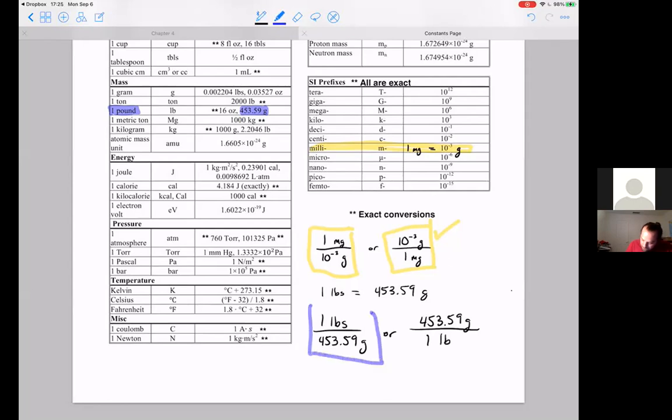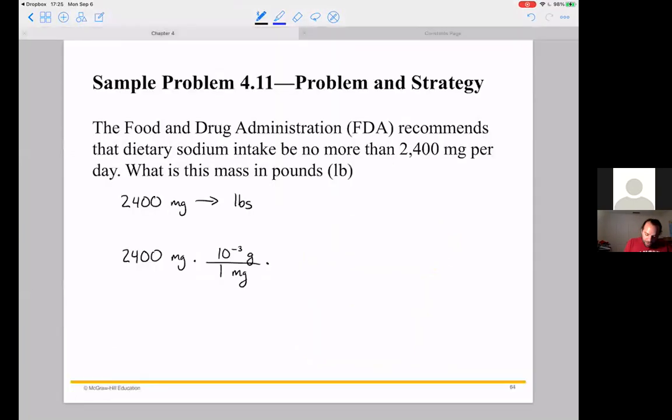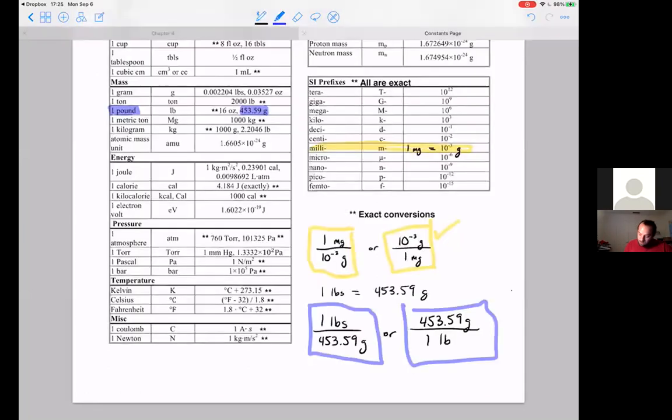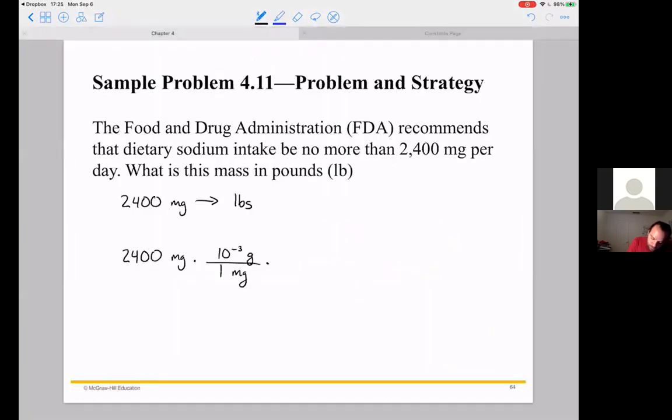These are the two conversion factors that I got from that line on my constants page. Going back to my problem, which one am I going to want to use? I need grams to cancel, so I'm going to use the one on the right. All right, punch this into my calculator.